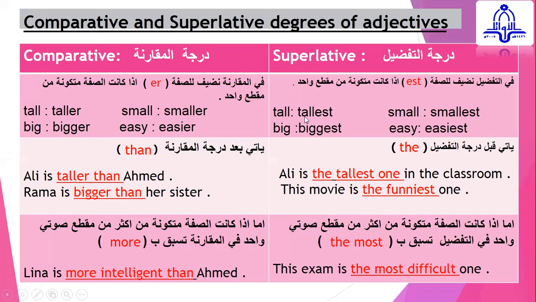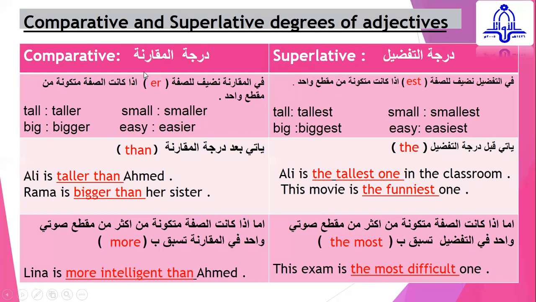Tall، طويل. The tallest، الأطول. Big، كبير. The biggest، الأكبر. Small، صغير. The smallest، الأصغر. Easy، سهل. The easiest، الأسهل. There is a difference between comparative and superlative.